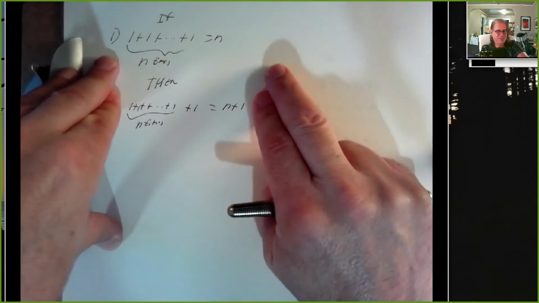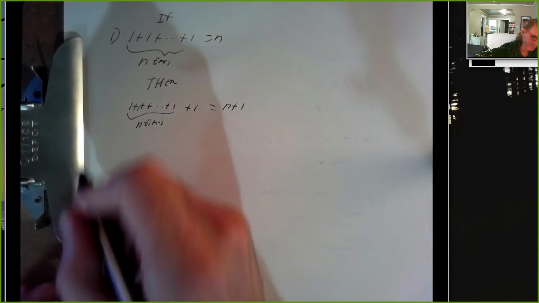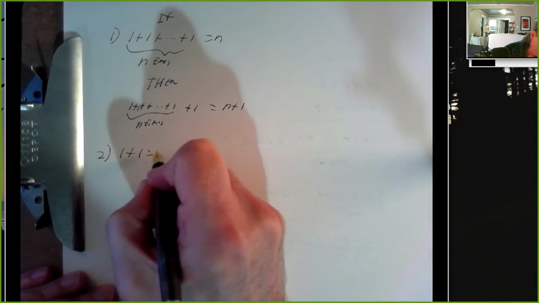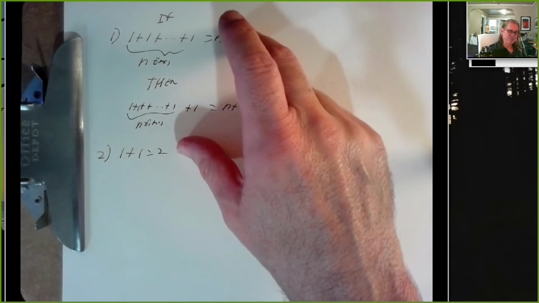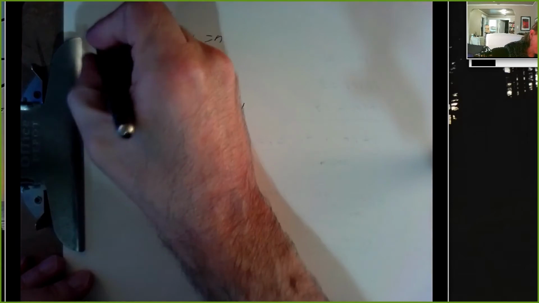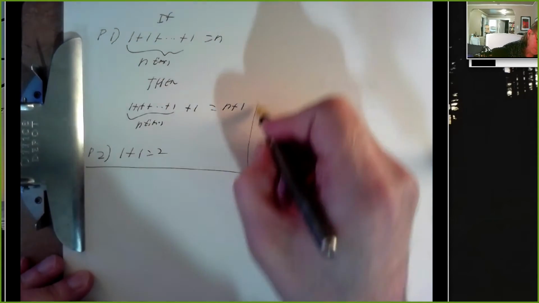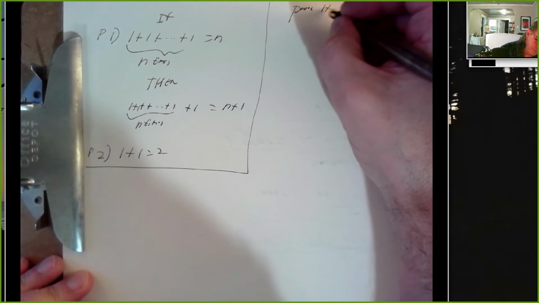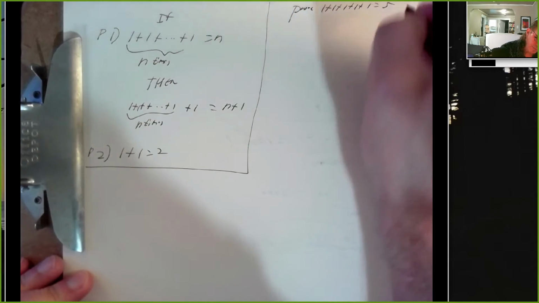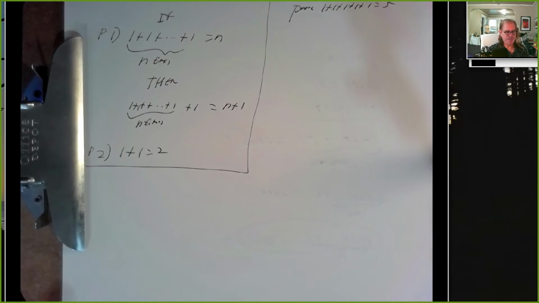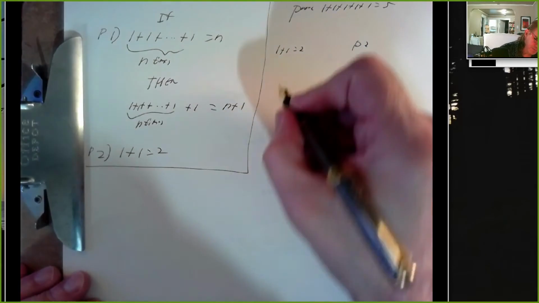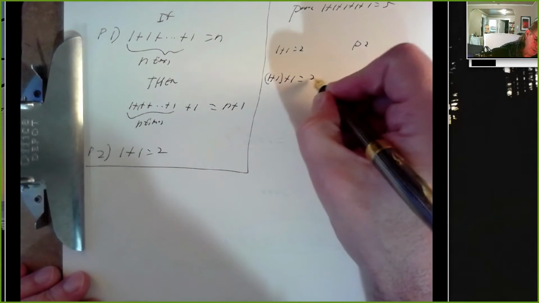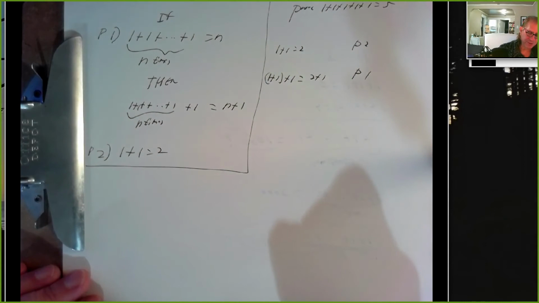Okay, so if we believe this proposition, and we also know that 1 plus 1 is equal to 2, then without using a pocket calculator, we can do the same thing we did with the ladder. Let me call these P1 and P2, and let's prove the sum of 5 ones is 5. Okay, so 1 plus 1 equals 2, that's proposition 2. 1 plus 1 plus 1 equals 2 plus 1, that's proposition 1.